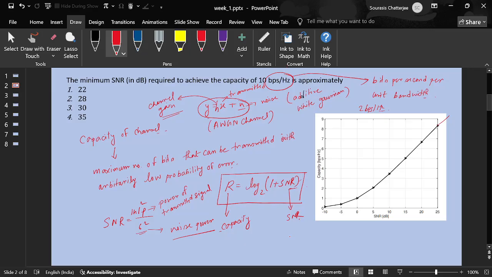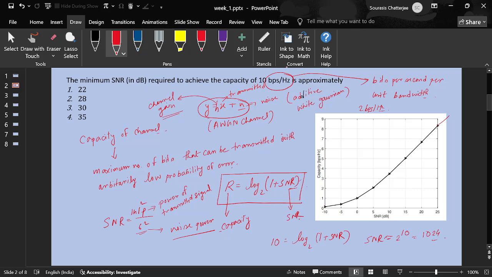Okay, let's just do the math here. It's given that R needs to be 10 bps per hertz, right? So it's 10 = log base 2 (1 + SNR). So my SNR is supposed to be 2 to the power 10, roughly. It's not exact, but roughly it's 1024.